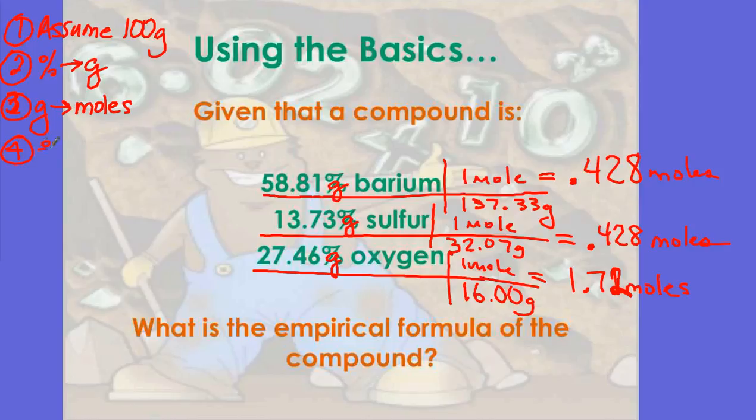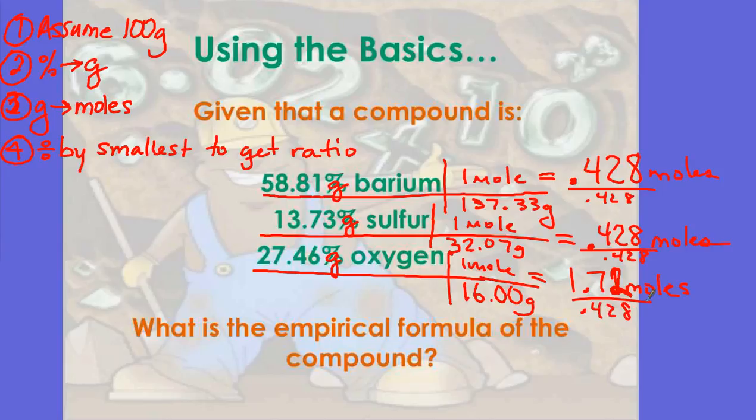Step 4. Divide by the smallest to get a ratio. Which is my smallest number of moles? 0.428. Divide them all by 0.428. Obviously, the first one's going to be 1, and the second one's going to be 1, and if you need a calculator for the last one, 4.0.